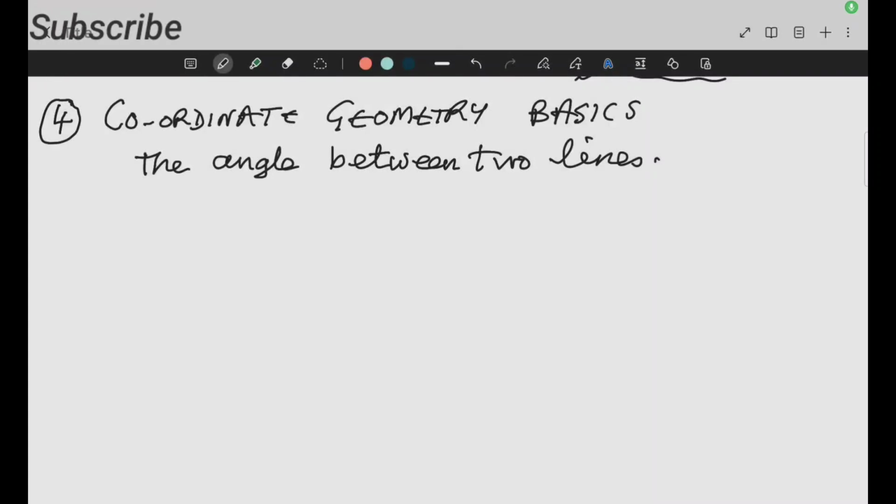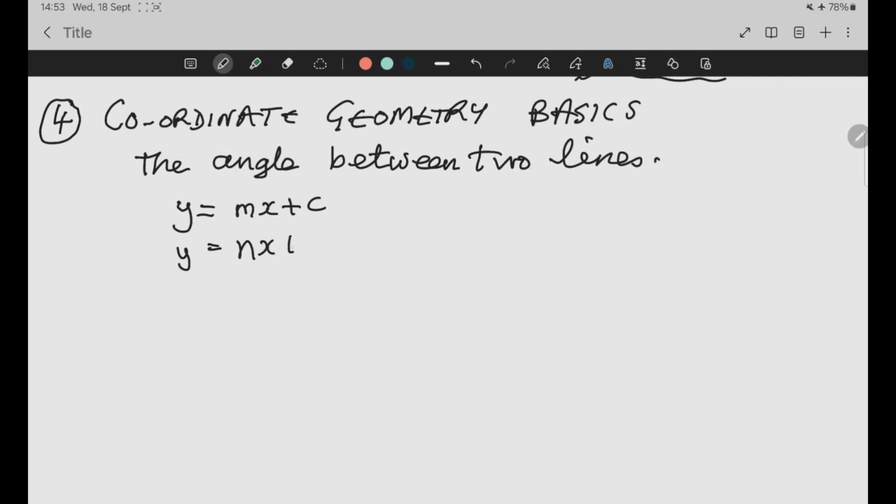Now come to the fourth topic in Coordinate Geometry Basics, and this is to find the angle between two lines. So you get the equations of these two lines, y equals mx plus c and y equals nx plus d.